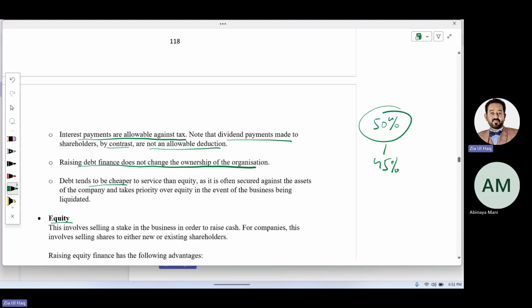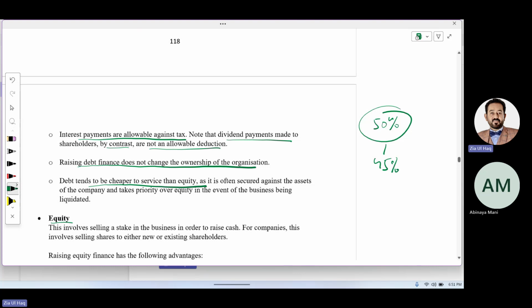Debt tends to be cheaper to service than equity, meaning debt is less costly than equity. Because while issuing shares, the company needs to bear some cost. What are the costs? You cannot issue shares by yourself.